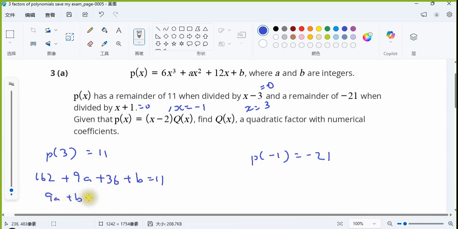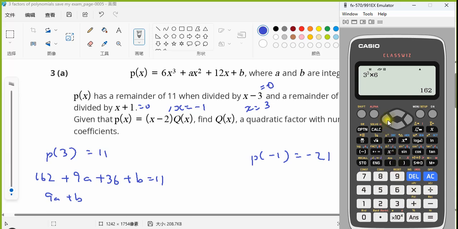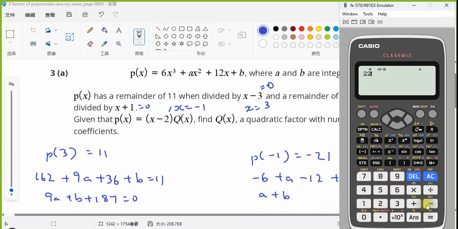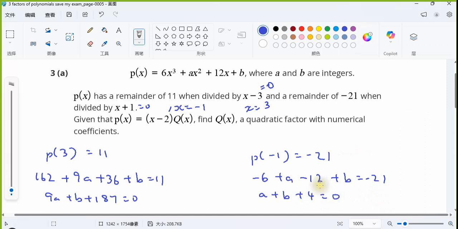So 9a plus b, and then 162 plus 36 minus 11, then we have the 187 equal to 0. And then the next one, P negative 1 equal to negative 21. So negative 6 plus a minus 12 plus b equal to negative 21. So we have the a plus b, and then 21 minus 6 minus 12, then is plus 4 equals 0.